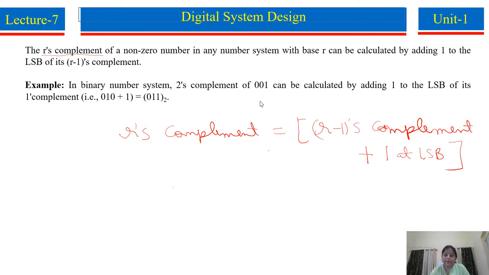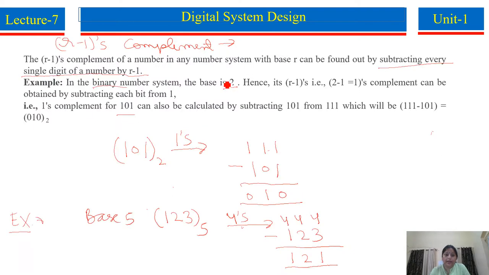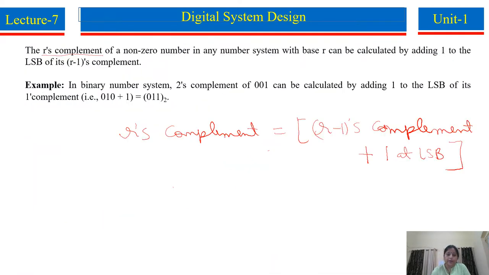For example, in the previous question I took the 1's complement of 101. So the 1's complement of 101 we already calculated, that is 010. So here I take the same number 101. First of all you calculate the 1's complement of this. So the 1's complement of this is simply 010. We already calculated it in the last part.